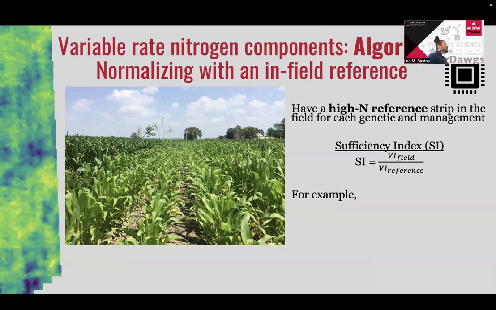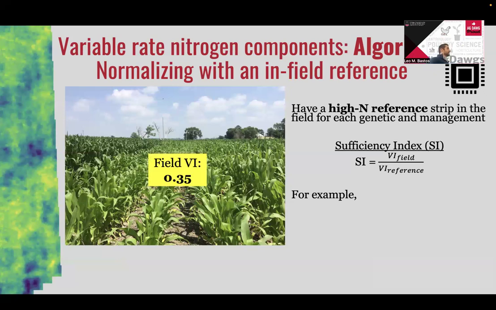You would assume that part of the field has enough nitrogen and use that as your reference. Then you sense the remainder of the field that may be receiving variable rate, and you compare the two. We combine both of those numbers in something called a sufficiency index, which is dividing the vegetation index of the field by the vegetation index of the reference.